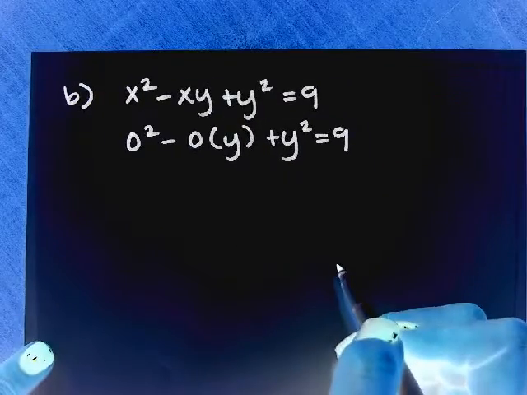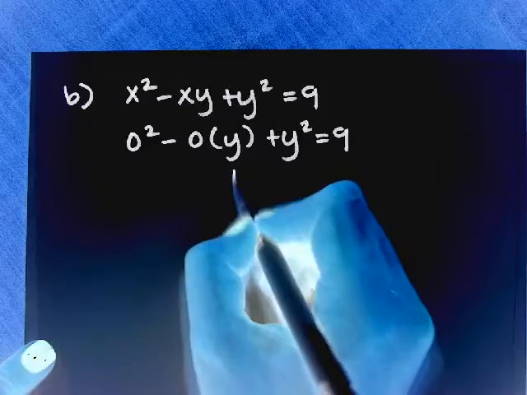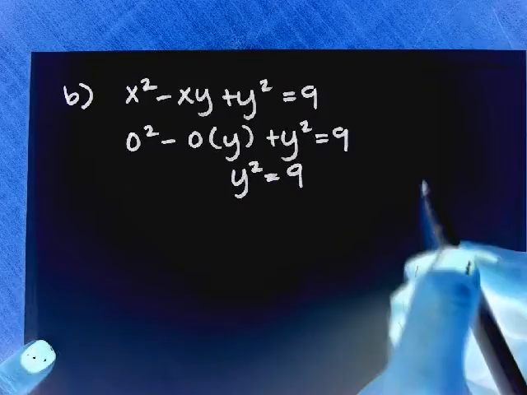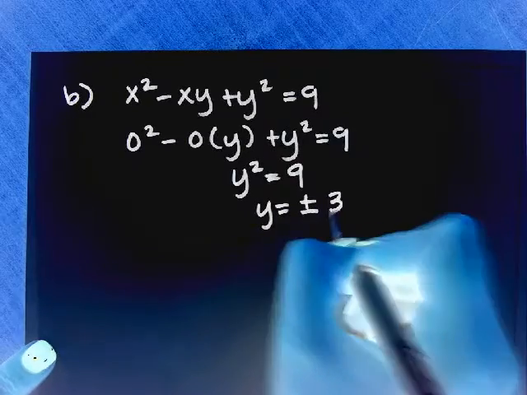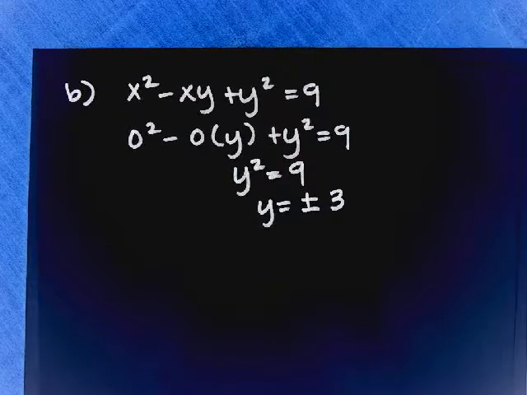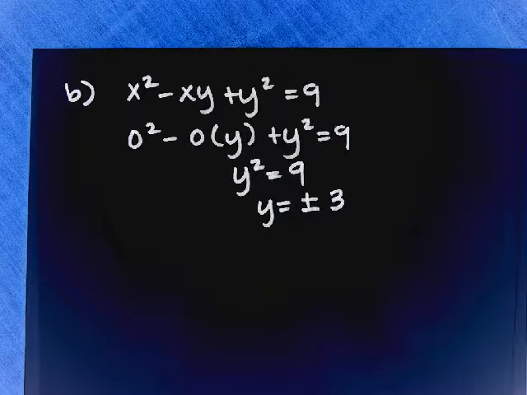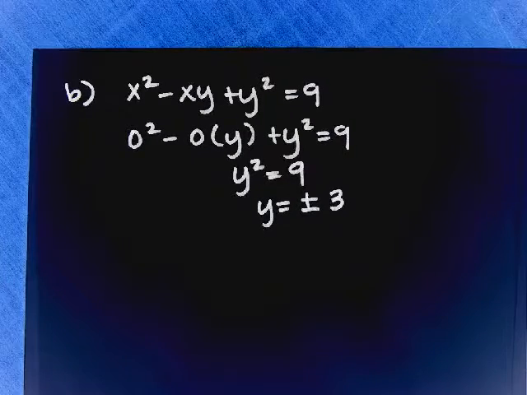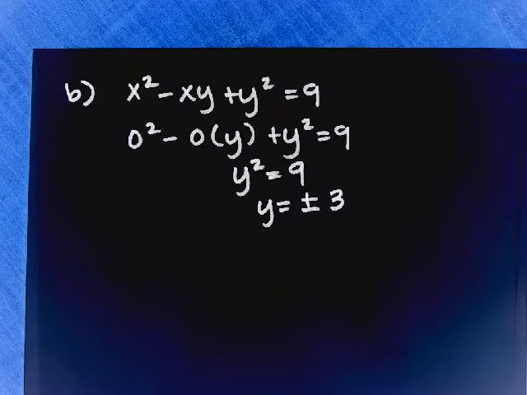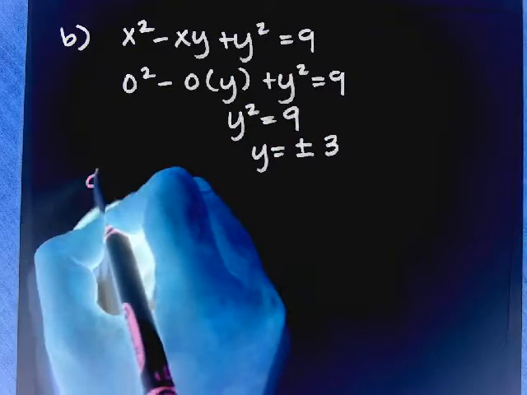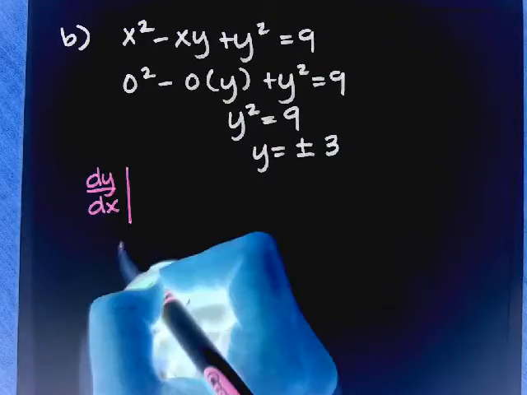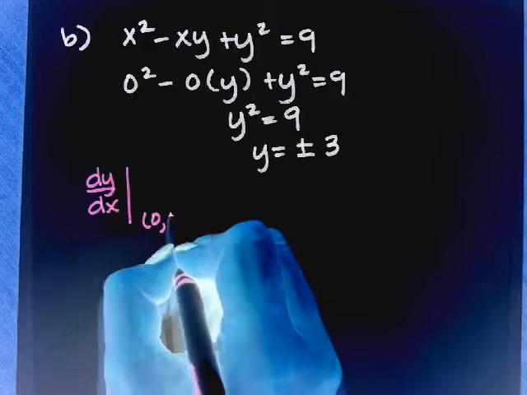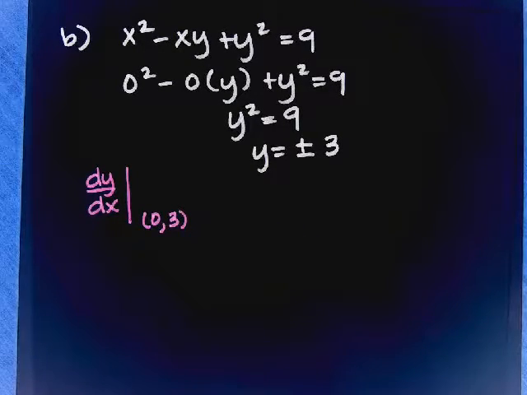So what do I get? y squared equals 9. So y equals plus or minus 3, because when you square root, you always do a plus and a minus. So you're going to have 2 tangent lines. Now, when we do this work, I'm going to take dy/dx and evaluate it at the point 0 for x, 3 for y.